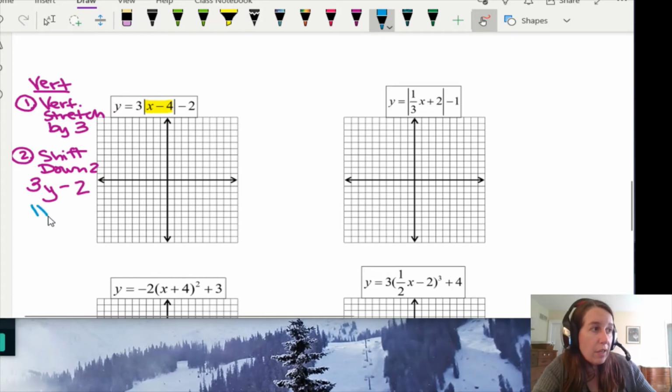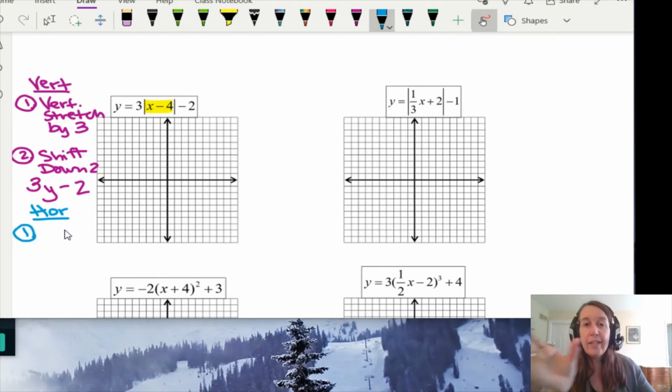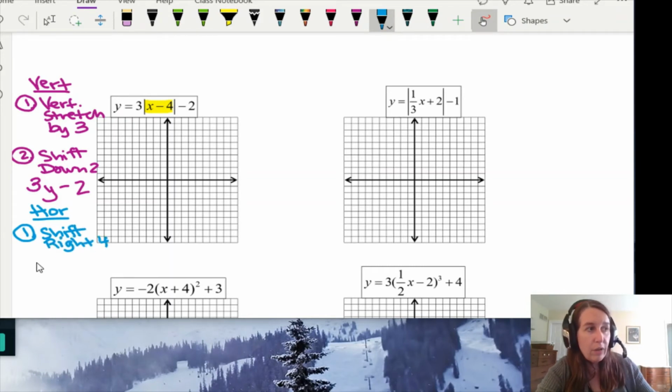For the horizontal, x minus 4 is just one shift. And when you're adding and subtracting, you're shifting. And remember, we want to add 4. So that is a horizontal shift right 4. In the x, I'm going to take every x coordinate and add 4. I'm undoing what happened to x. That's why it's the opposite.